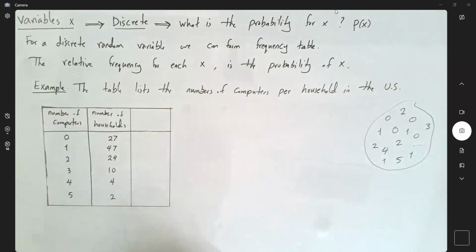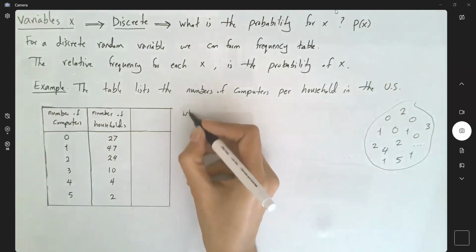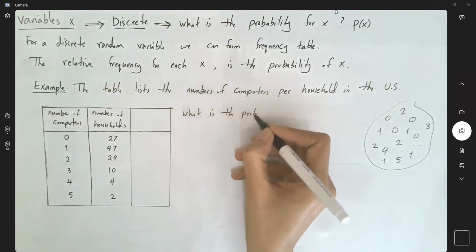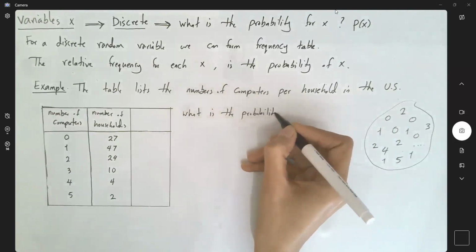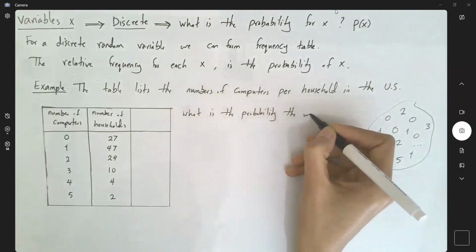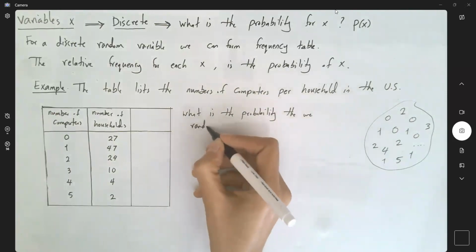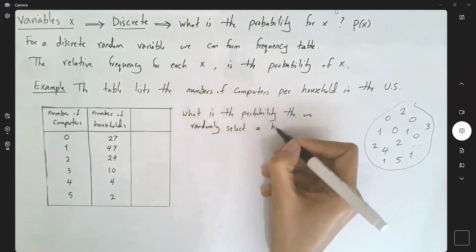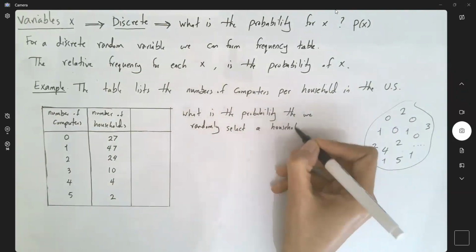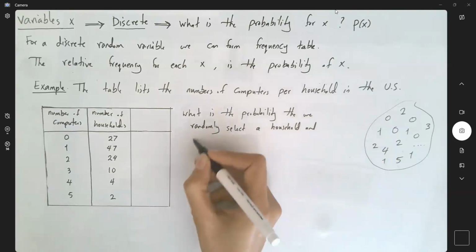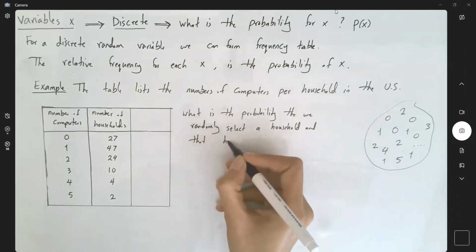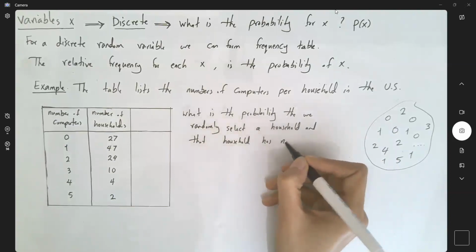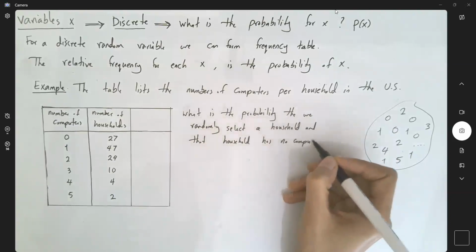Now we want to know what is the probability that we randomly select a household and that household has no computer.